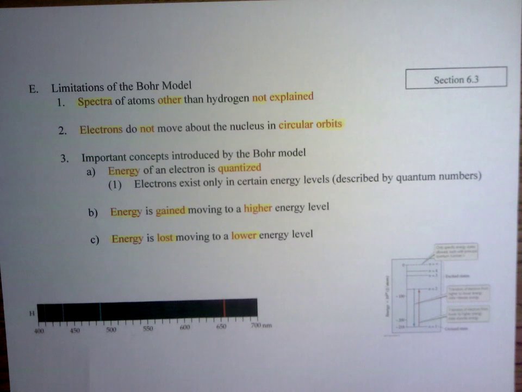Again, the Bohr model of the atom and the behavior of electrons can be perfectly explained by what we know about light. However, when we go to try to apply this back to any other atom except for hydrogen, it doesn't work. We can't explain it. We get too many lines. We get too many things that we can't explain.